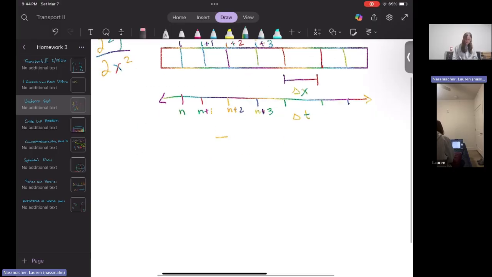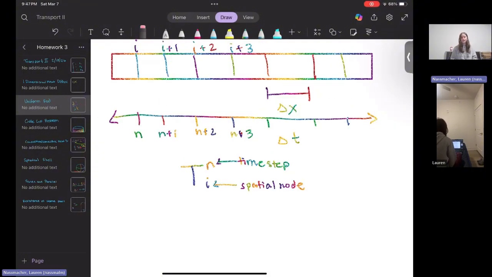So for our temperature, we can say our temperature is based on our time, n, and our distance, i. This will be called our time step, and our i variable will be called our spatial node.